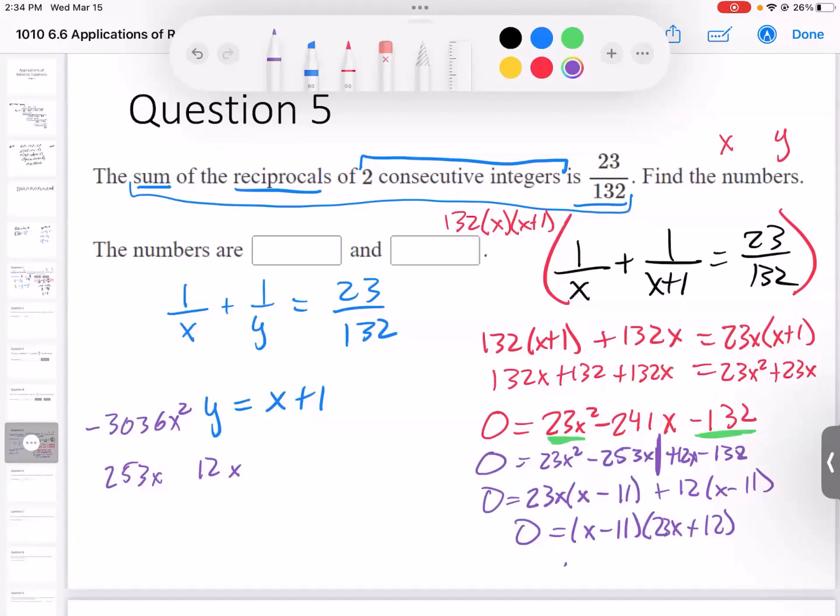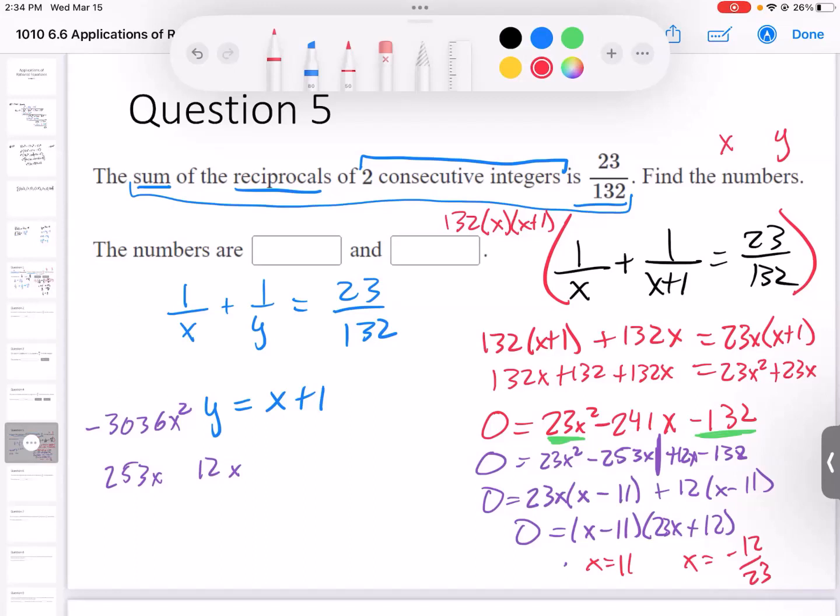Now, ultimately, we're trying to find a solution to this. We're trying to find out what x is. Well, if this times this equals 0, then one of these two things has to equal 0. So our two solutions are x equals 11 and x equals negative 12 over 23, because those are the two numbers that will make one of these factors equal 0.